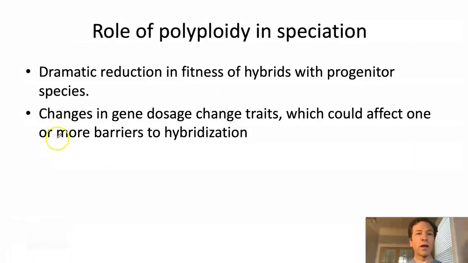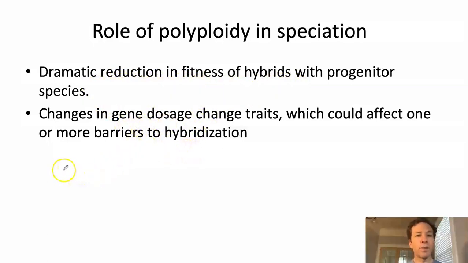We are going to move on now and talk about the role of polyploidy in speciation. So polyploidy is another genetic change that can create a barrier to hybridization. And it creates a dramatic reduction in fitness of hybrids compared to the original species.